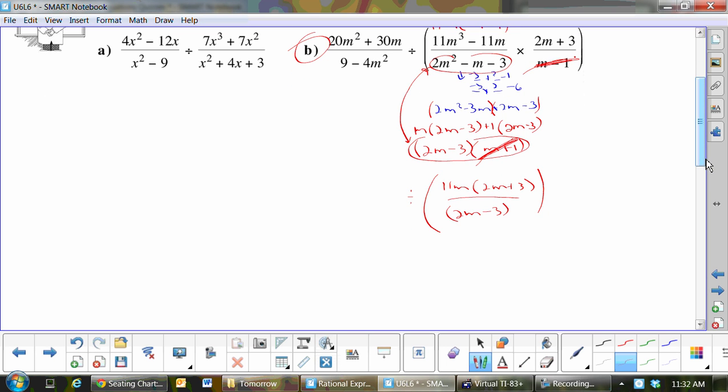Okay, because this is division, let's make it multiplication. So that would be times 2m minus 3 over 11m times 2m plus 3.